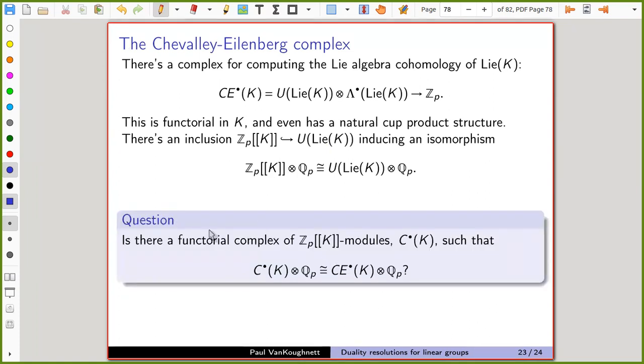So one could ask the question, is there a way of taking this nice functorial complex of modules over the universal enveloping algebra of Lie of K and turn it into a complex of Z_p[[K]] modules, again, in a functorial way? Okay. No.